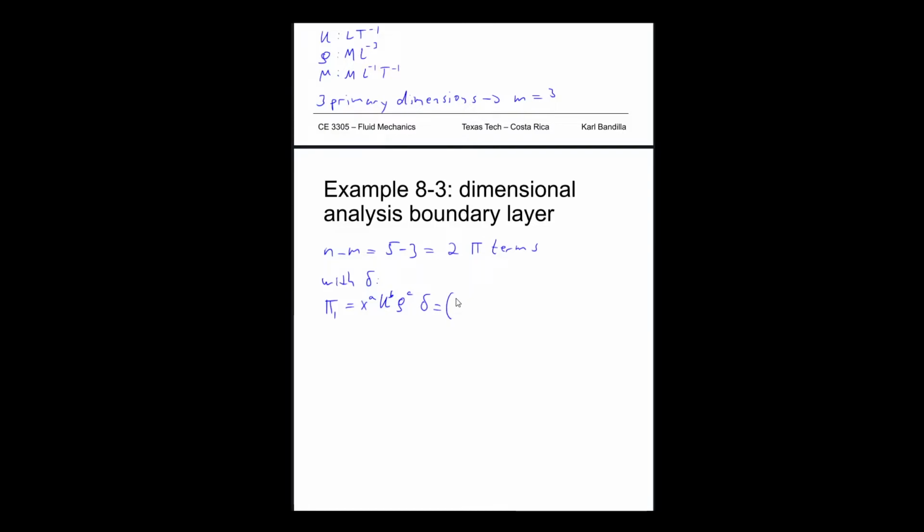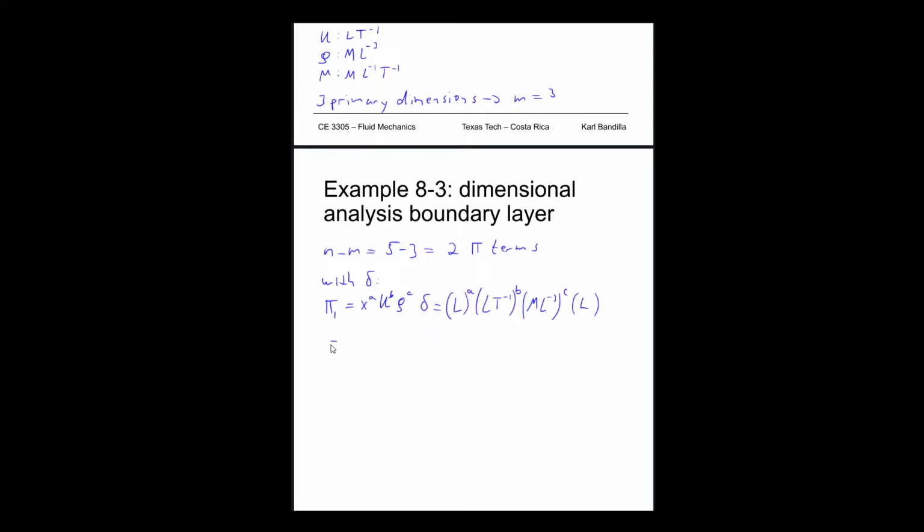That's L to the a, then L T minus 1, that's our flow velocity, raised to b. Our density was mass per volume, raised to c, and then we're left with delta, which is a length, not raised to any power.